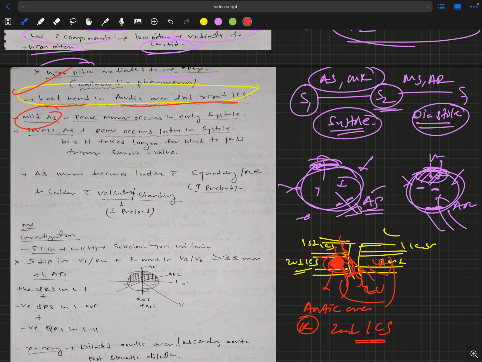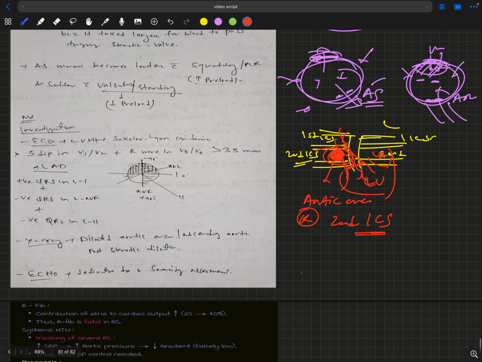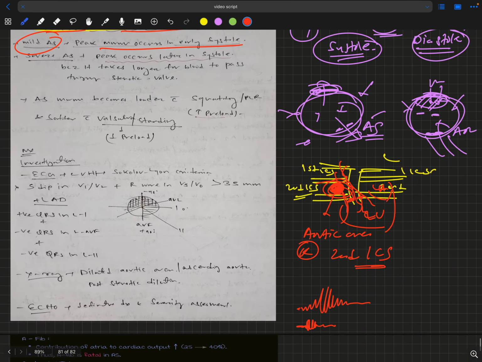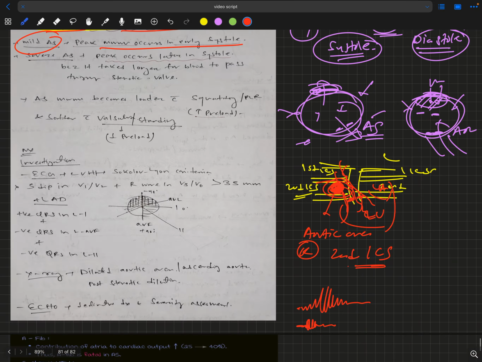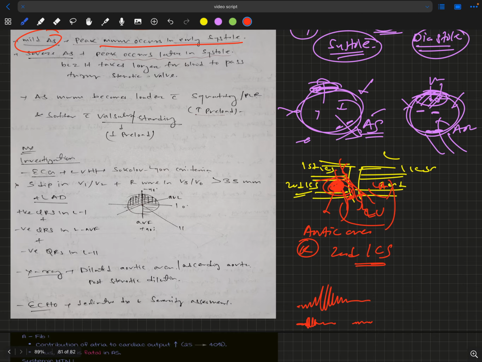In case of mild AS, the peak of the murmur occurs early in systole. In case of mild AS, the murmur is like this. If it is mild AS, then this peak will occur earlier. If it is severe AS, then the peak occurs later.